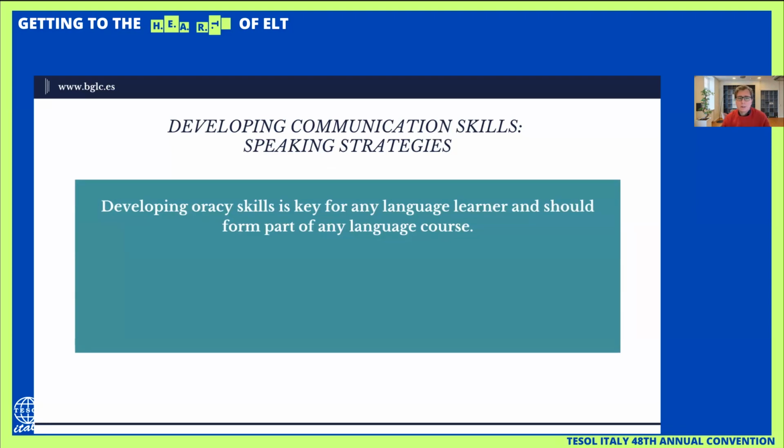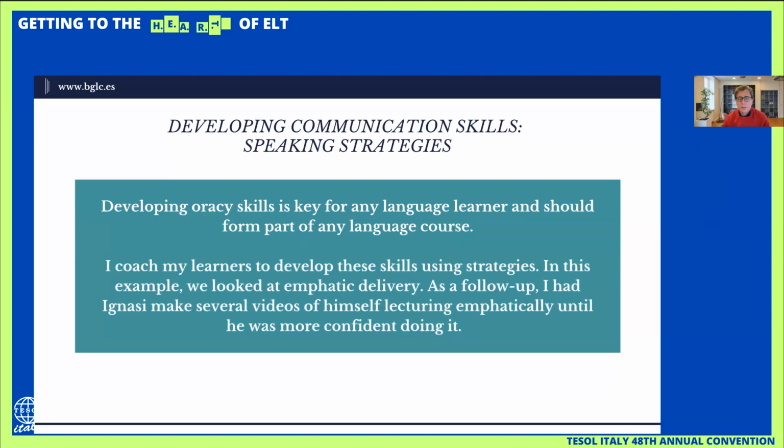So to summarize this little section, developing oracy skills of speaking and listening is key for any language learner and should form part of any language course, I believe. In fact, a lot of schools now are coming to me and saying, we need our teachers to be trained in developing oracy skills. That's where I'm finding more interest now. This is something that in America, for example, everyone takes for granted, that kids are taught to communicate well, to deliver their message well.